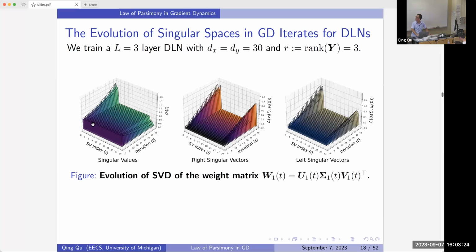And what you can see is that the training is exactly happening in a 6-dimensional subspace. And actually this subspace is invariant across all the training iterations, right? So it's only happening in a 2R subspace.